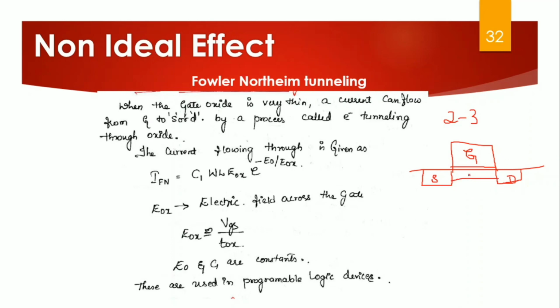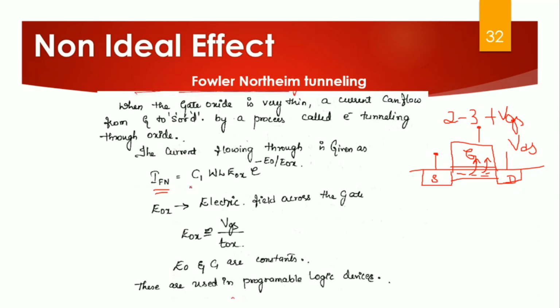Whenever you apply voltage, there is a chance of current breaking through this layer and moving towards the gate. Because of the voltages applied here, plus VGS and plus VDS, there is a probability of the electrons in the channel rushing into the gate. This phenomenon is called Fowler-Nordheim tunneling, and it results in some current.